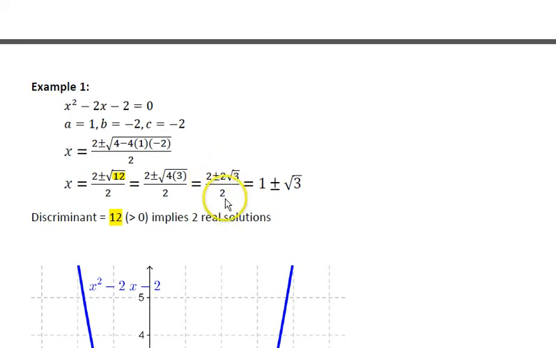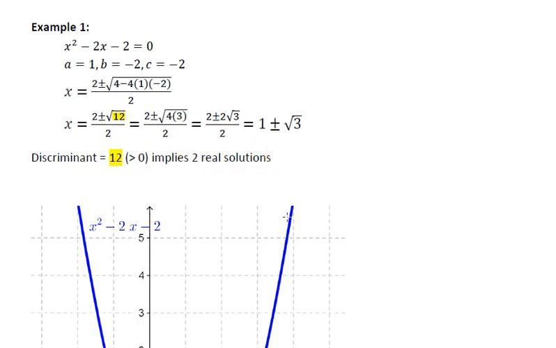It's the same as if you factored out the 2 on the top and then canceled the 2's. So we get 1 plus or minus the square root of 3. Two answers, 1 plus the square root of 3 and 1 minus the square root of 3. Since the discriminant, 12, is greater than 0, this implies two real solutions.